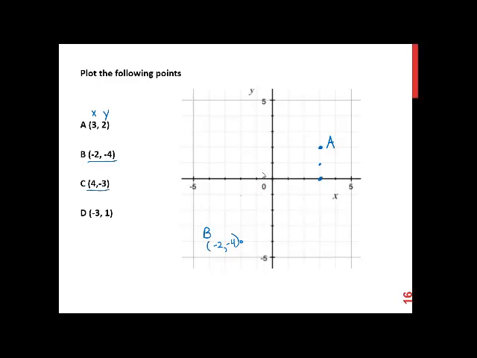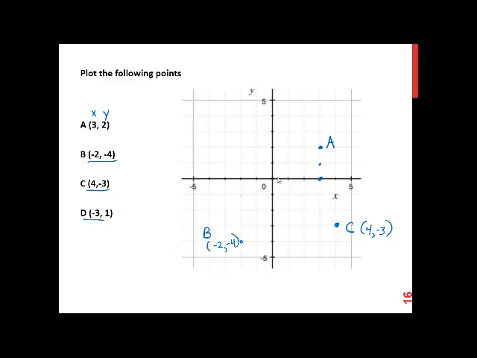C, 4, -3 means we're going to go 1, 2, 3, 4 units to the right, 1, 2, 3 units down, and our point C is at this location.